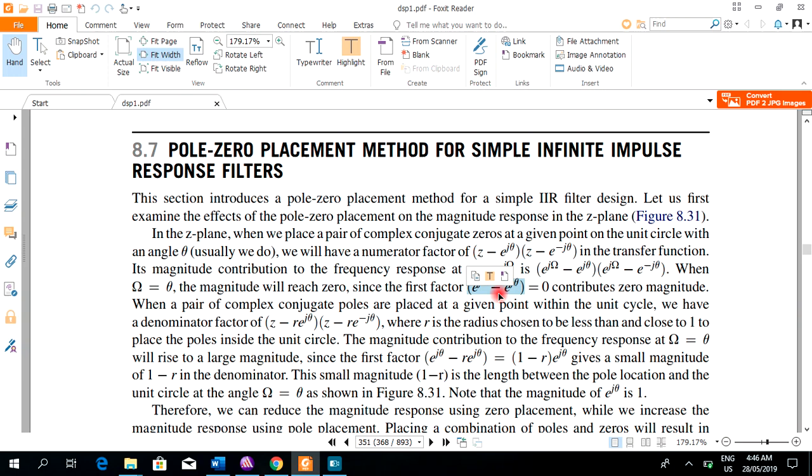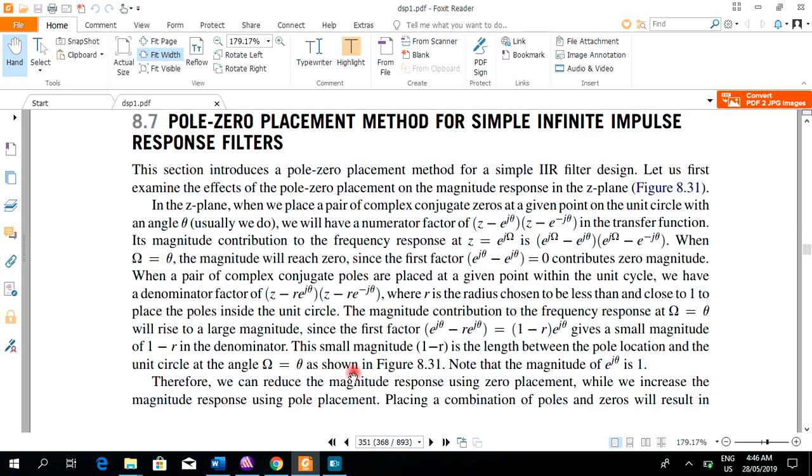If we add a complex pair of poles, the magnitude response will increase at that frequency.